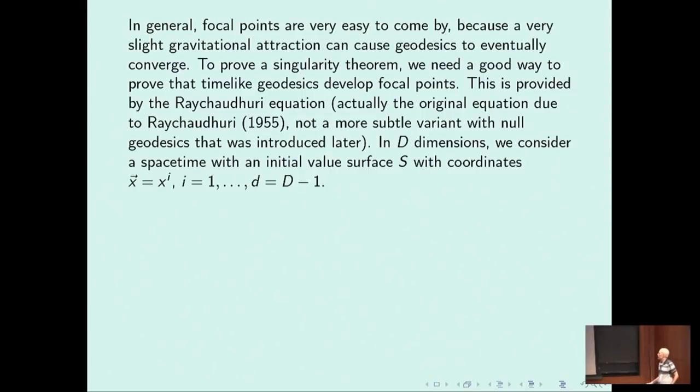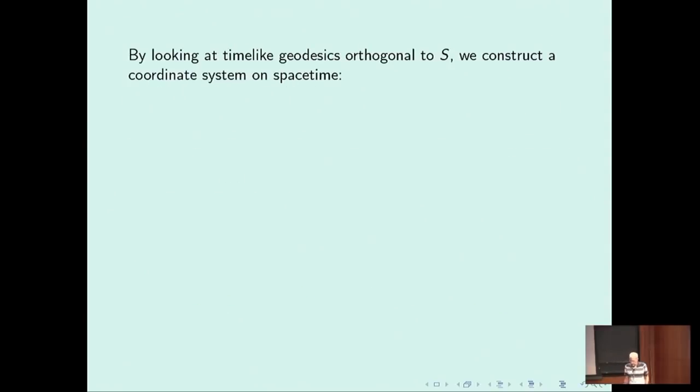So in D dimensions, we'll consider a space-time with an initial value surface S, whose coordinates I'll call x vector, x^i, where i runs from 1 up to little d, which is capital D minus 1. So here's the initial value surface. And by looking at time-like geodesics orthogonal to the surface, we construct a coordinate system in spacetime.